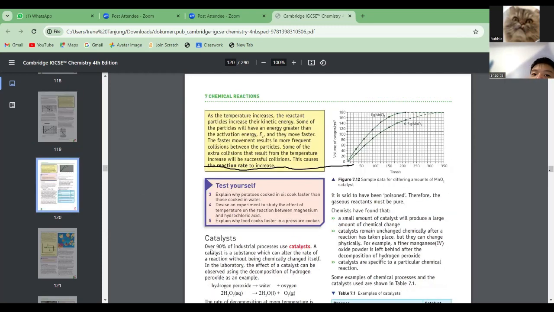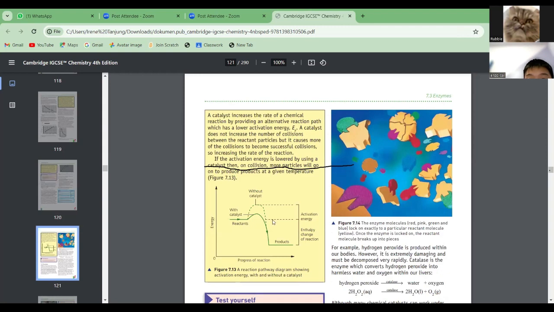Okay, so a catalyst, as you said, is a chemical that you use to make the rate of reaction faster. Over 90% of industrial processes use a catalyst to make the chemical process go faster. Examples of catalysts are mostly metals like iron. Okay, so this is a graph of the increase in rate with a catalyst.